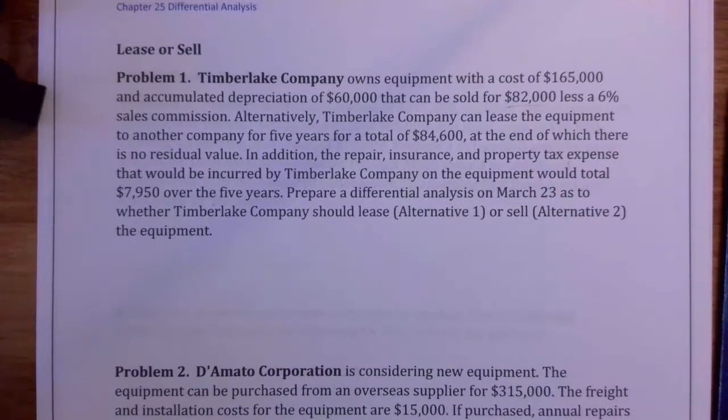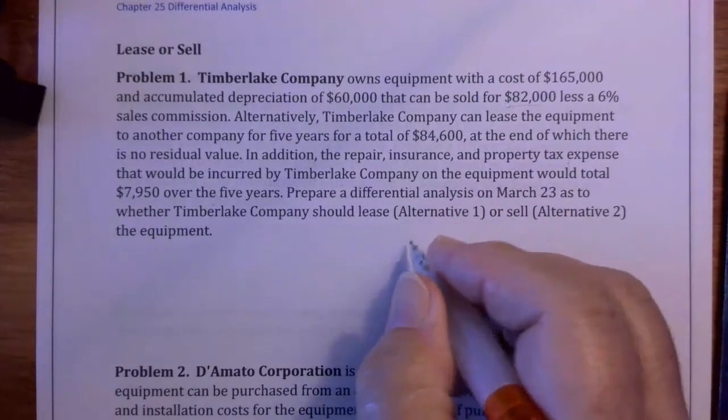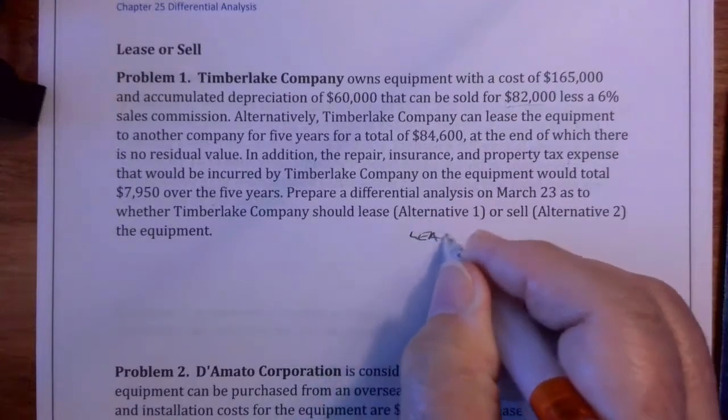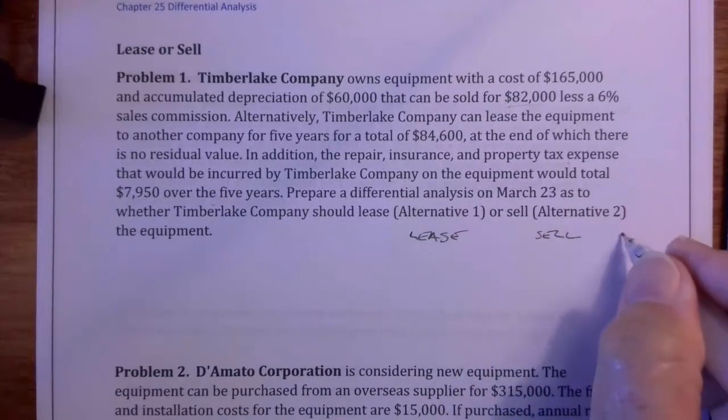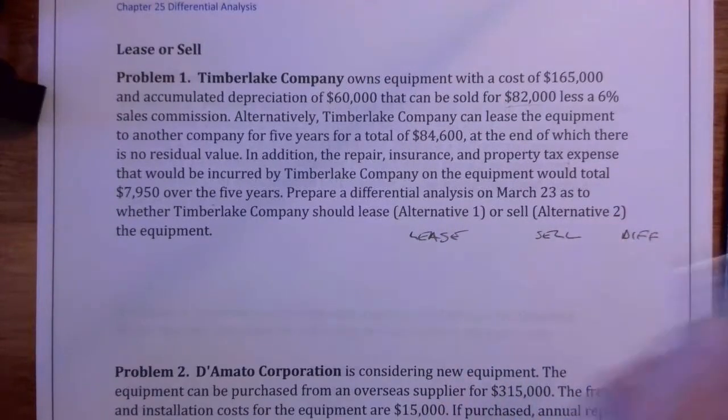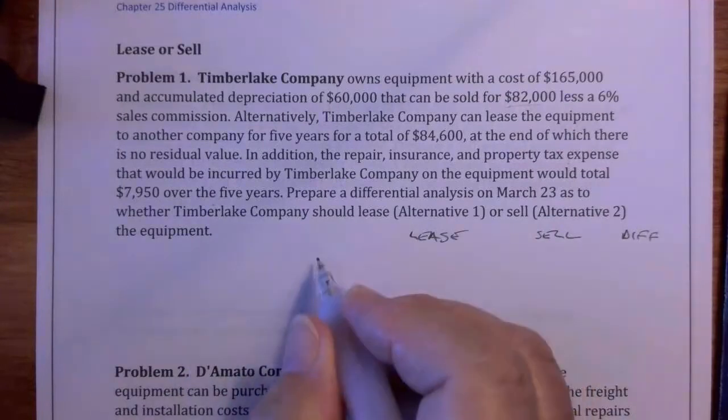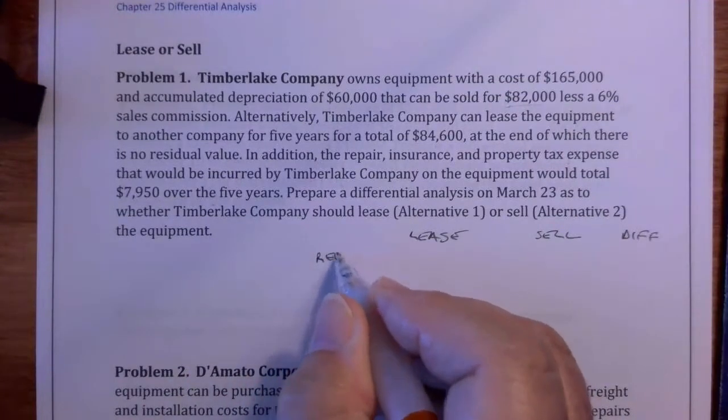Okay, so you can make up a table that says to lease, or sell, and then we've got the difference. We can look in the first place at the difference in revenues.